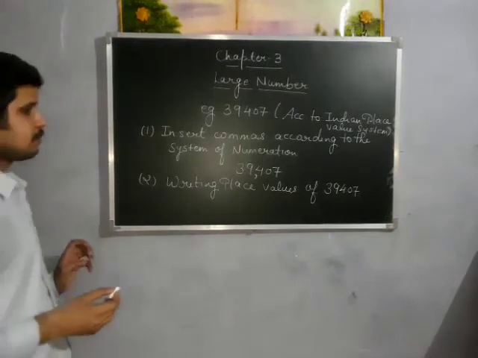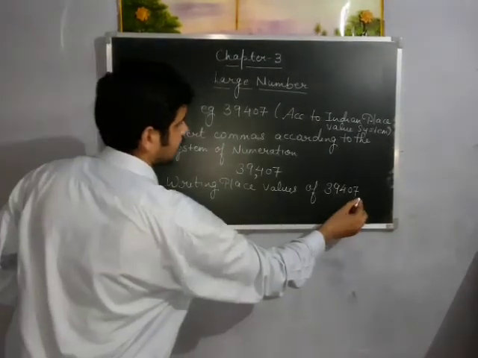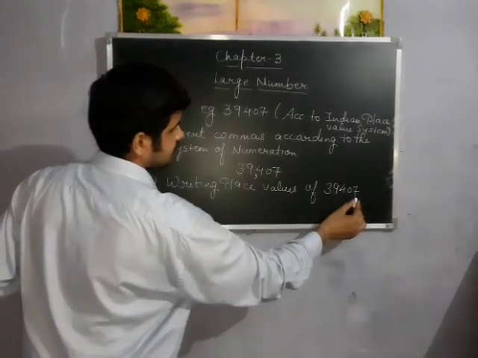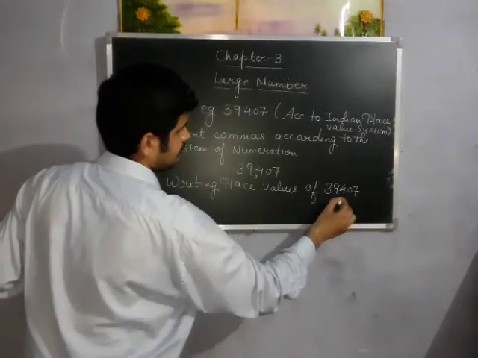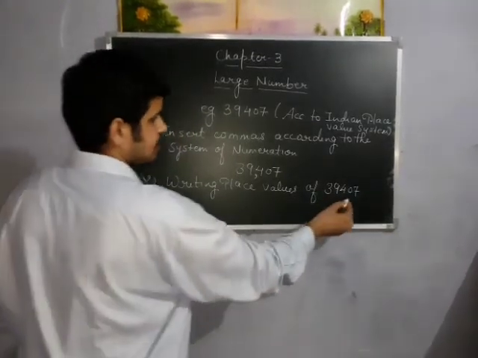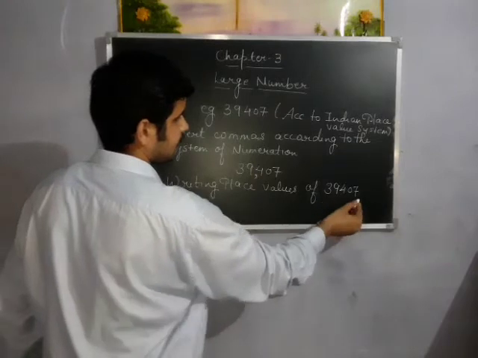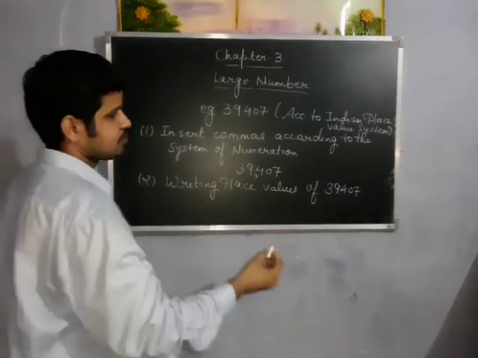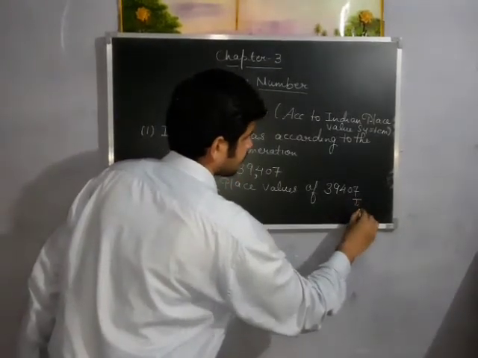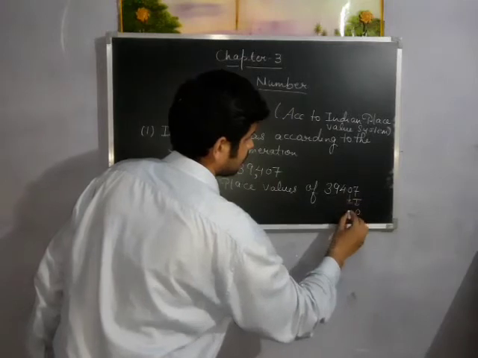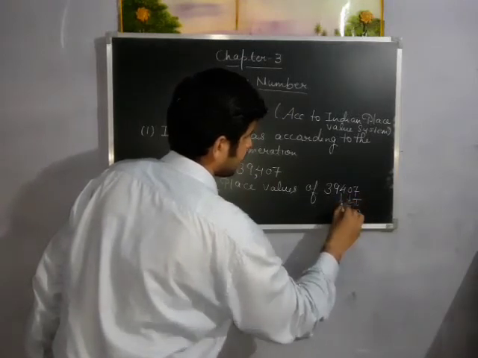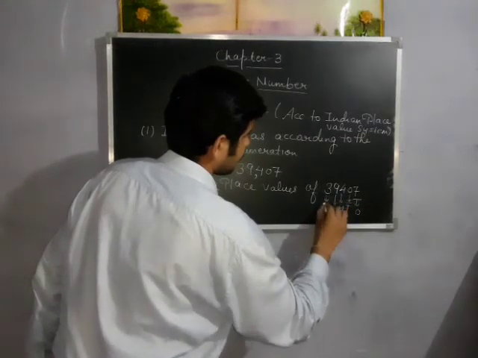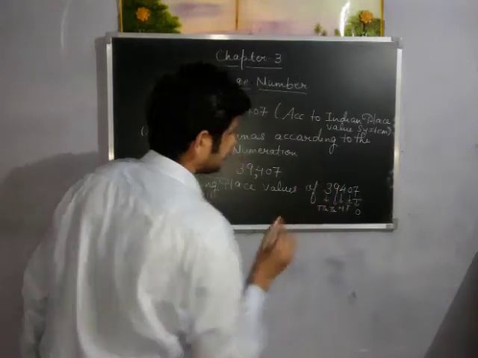We will write place values from right to left. We will start from 7 and then move to 0, 4, 9, 3. We are moving right to left for writing the place values. So 7 is at ones place, 0 is at tens place, 4 is at hundreds place, 9 is at thousands place, 3 is at 10,000 place.